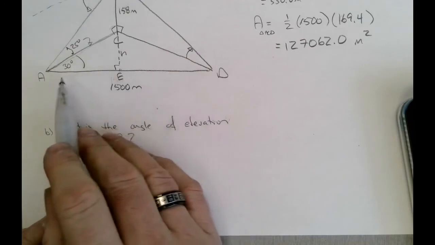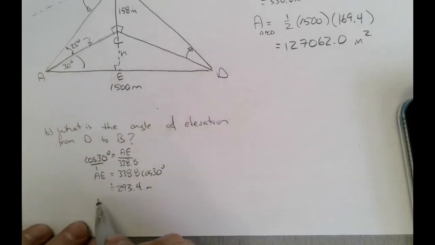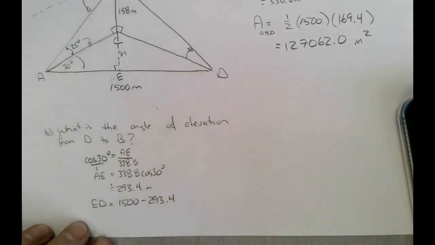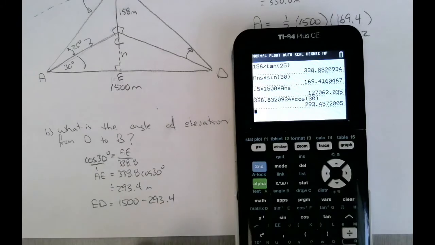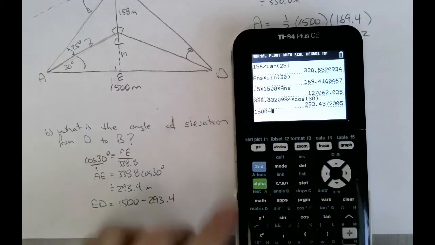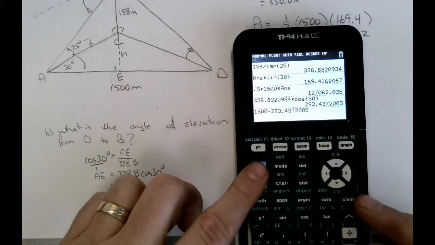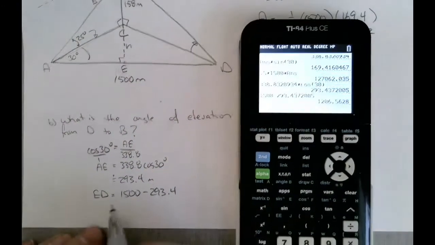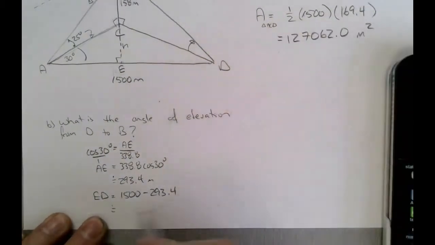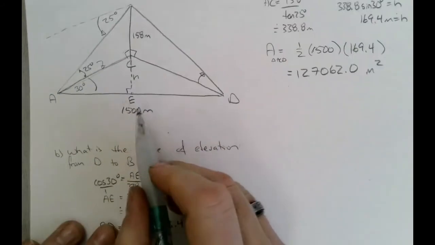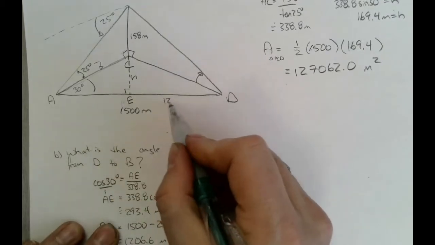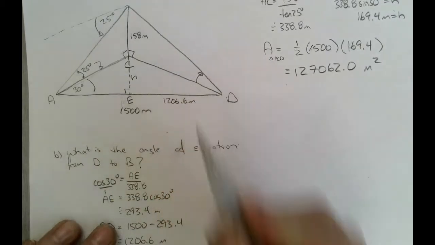That's this distance right here, which means ED is going to be 1,500 minus 293.4. So I will type in 1,500 minus that answer. Okay, and so now I've got approximately 1,206.6 meters right here. ED is approximately 1,206.6 meters.